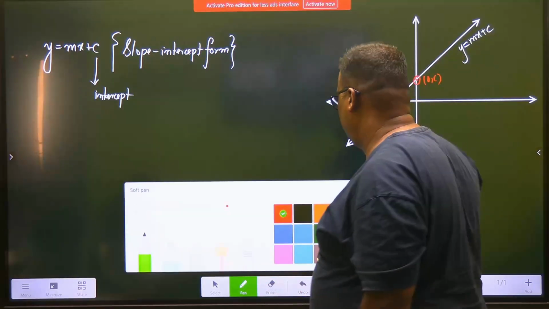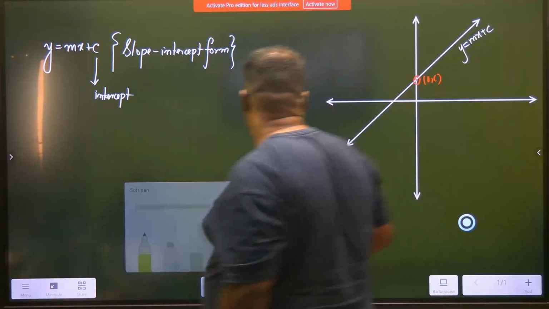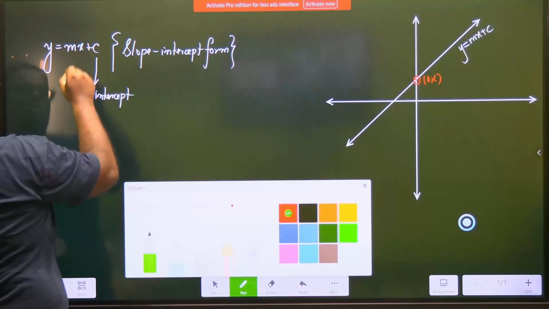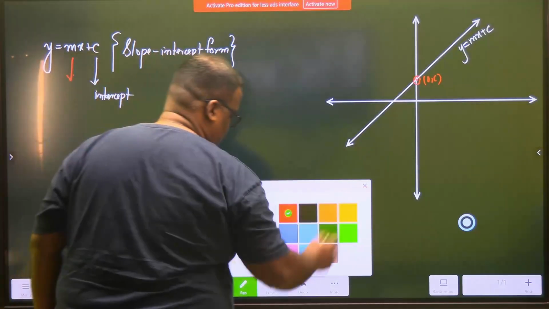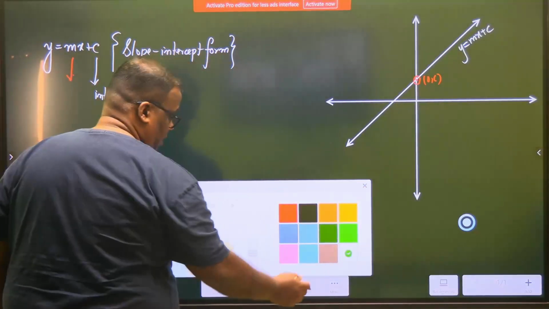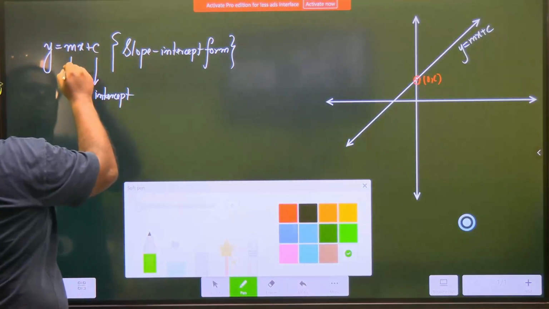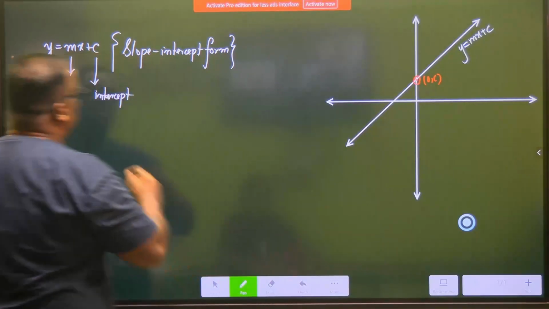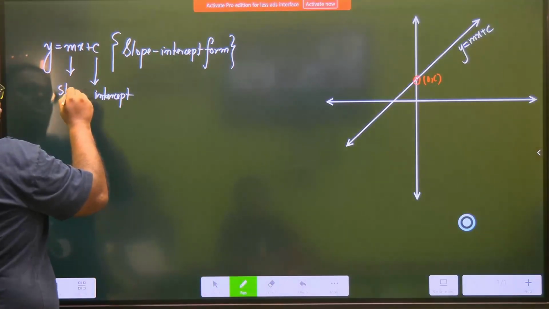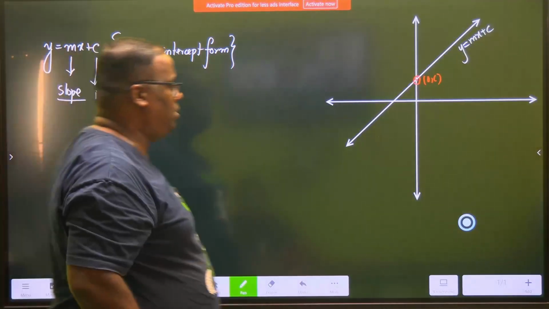Our next topic should be to understand slope. And please pay utmost attention here, because this is there in physics also. So let's understand this topic. If you don't understand, ask again and again, but get your clarity. This m stands for slope. So let's first understand slope and then come back to this slide once again.